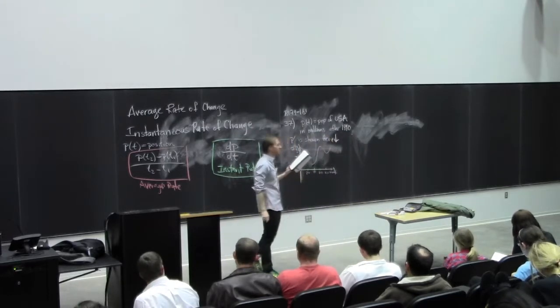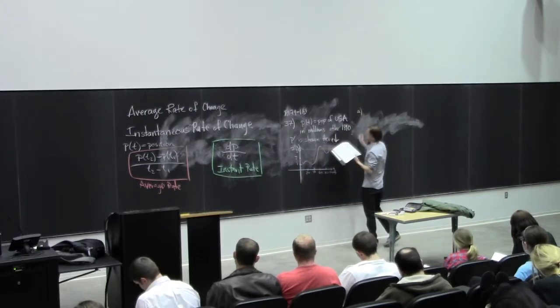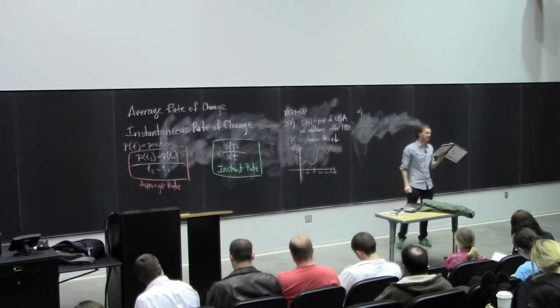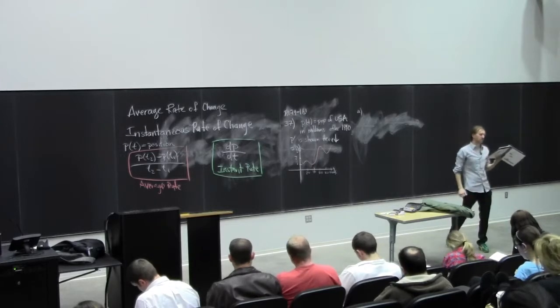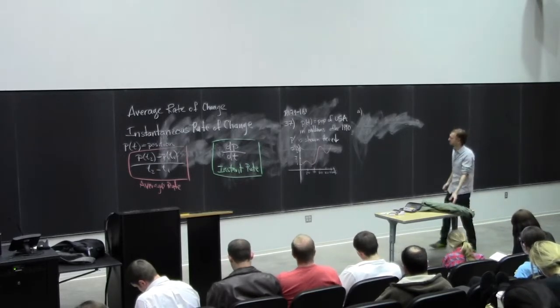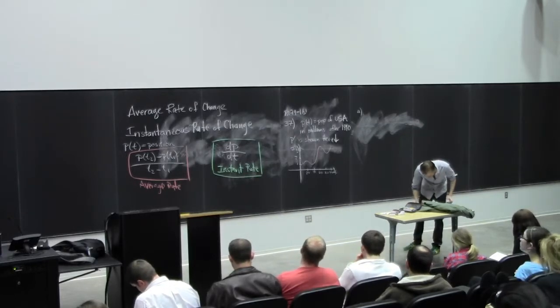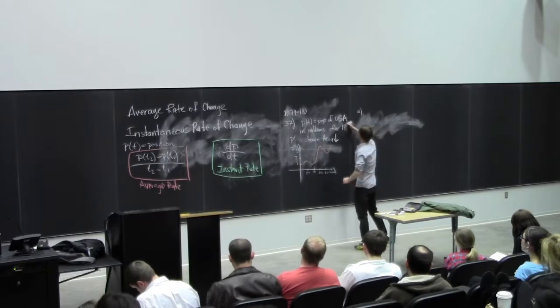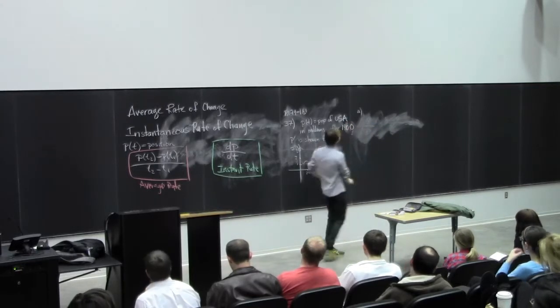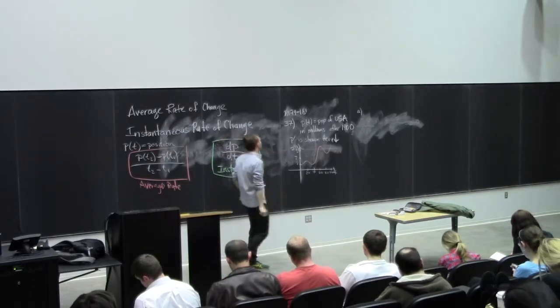Okay, question A. Approximately when was the U.S. population growing most slowly? Oh crap, Bart just can't read. 1900 to 1990. Okay, there we go.